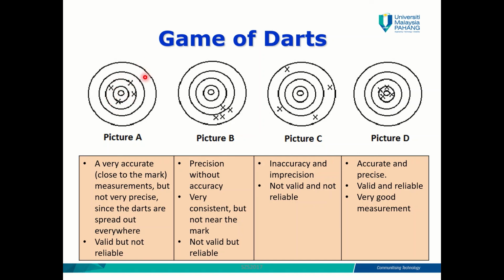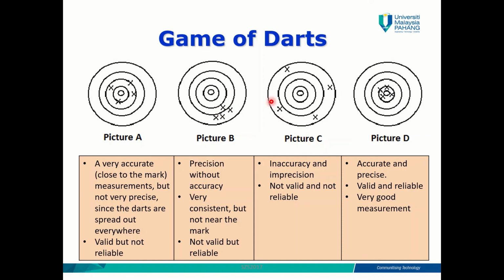So this is an accurate reading and not a precise reading. Then in picture B, the readings are far from the target, but they are close to each other. So this is not accurate, but it is precise.